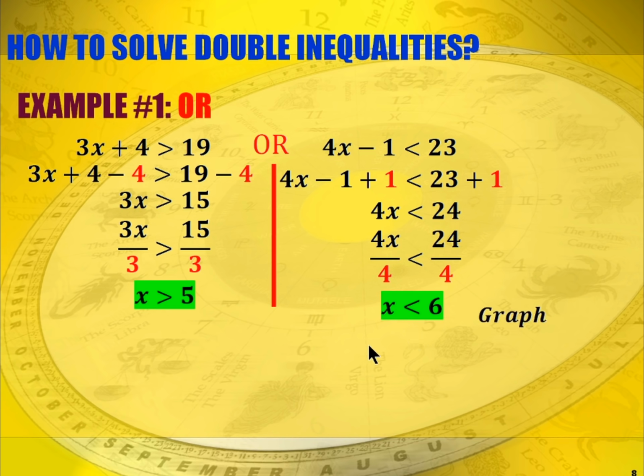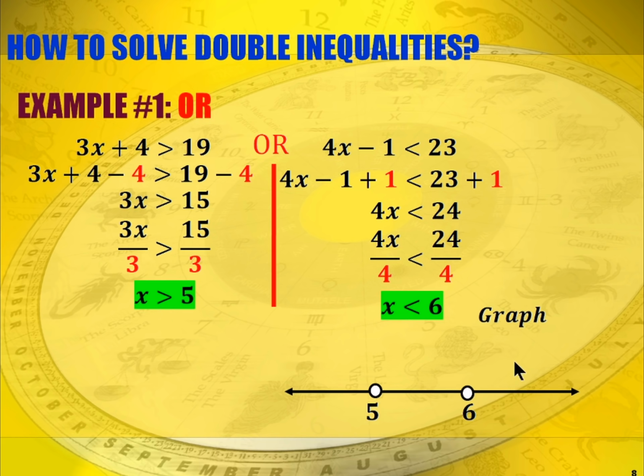Okay, we'll see the graph. We have a number line, and the 2 points are 5 and 6. Take note that we're using the open circle because our inequality is greater than or less than, meaning 5 and 6 are not included.